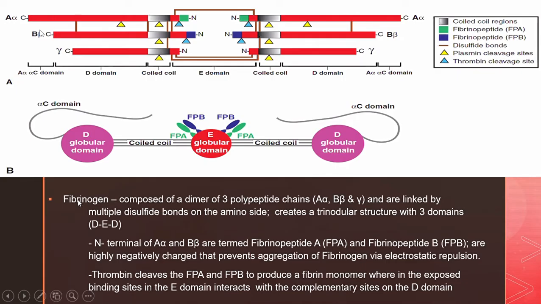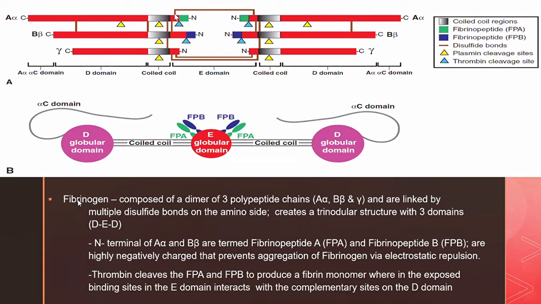This is one part and the other part, composed of 3 strands: alpha, beta, and gamma. It is a dimer of 3 polypeptide chains, alpha, beta, and gamma, linked together by multiple disulfide bonds. This brown part here shows your disulfide bonds.